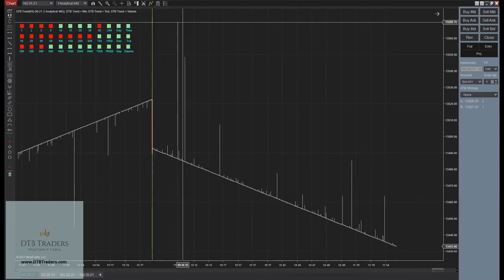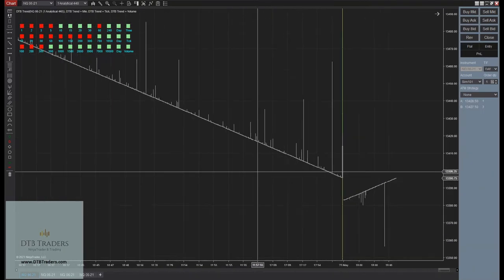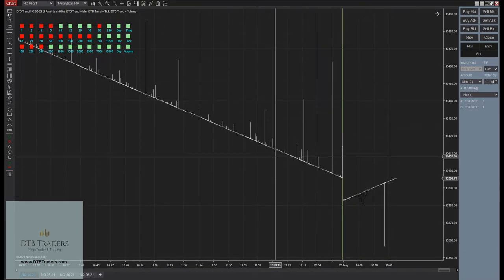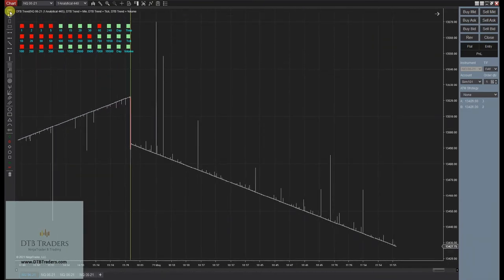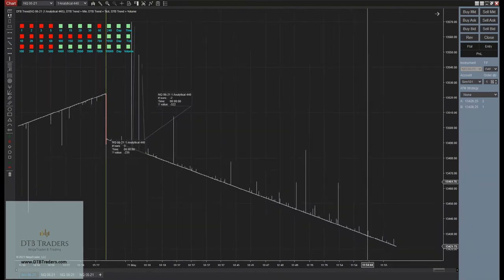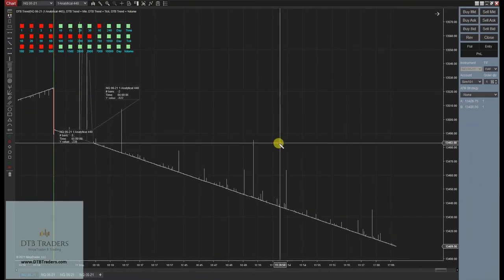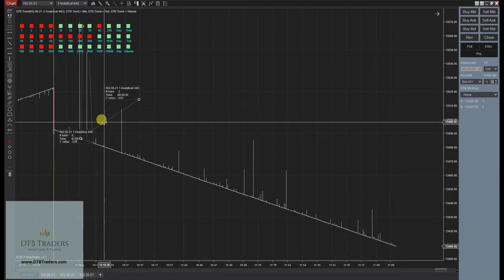It formed a nice wick on the price, and for the rest of the day it trended all the way down, just forming these wicks. This obviously provided a whole lot of trading opportunities, even if you were just targeting the baseline as a profit target. So a lot of opportunities there to enter positions.